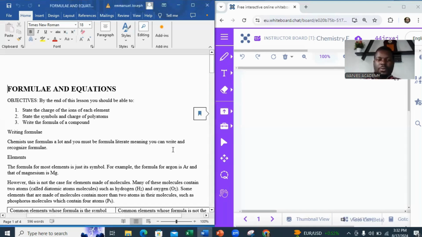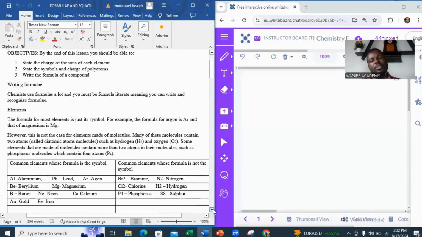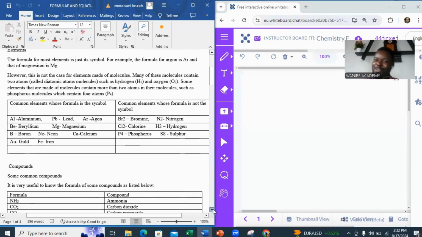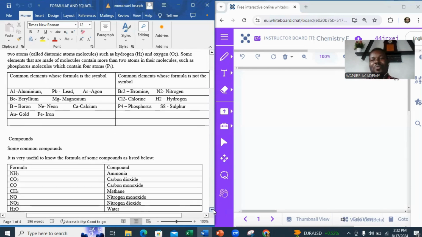For the sake of revision, we'll look at some of these symbols that we're already used to. We know the symbol of aluminium, beryllium, boron, down to calcium, gold, and iron. And then on the other column on this table, you can see bromine, nitrogen, chlorine, and all that.